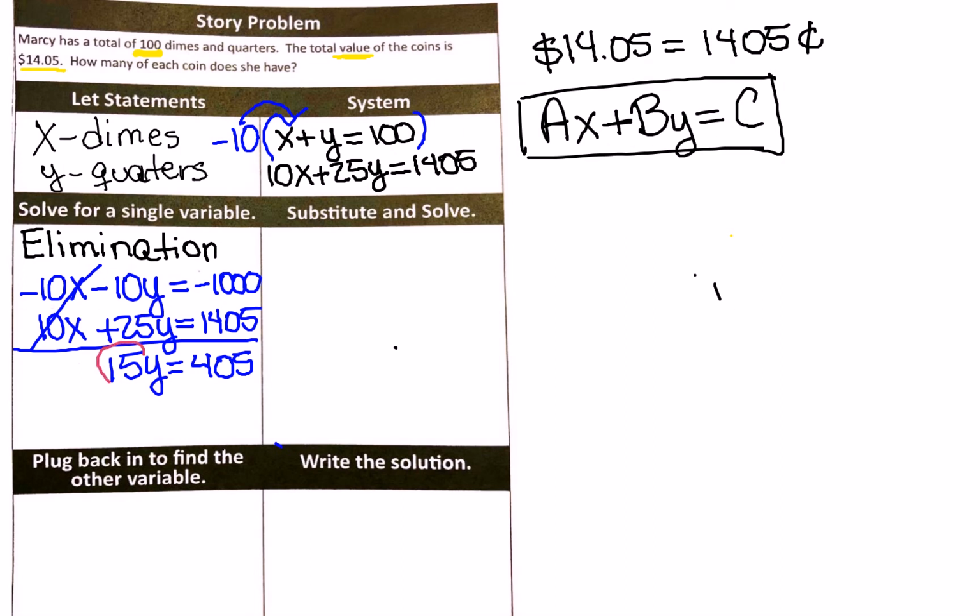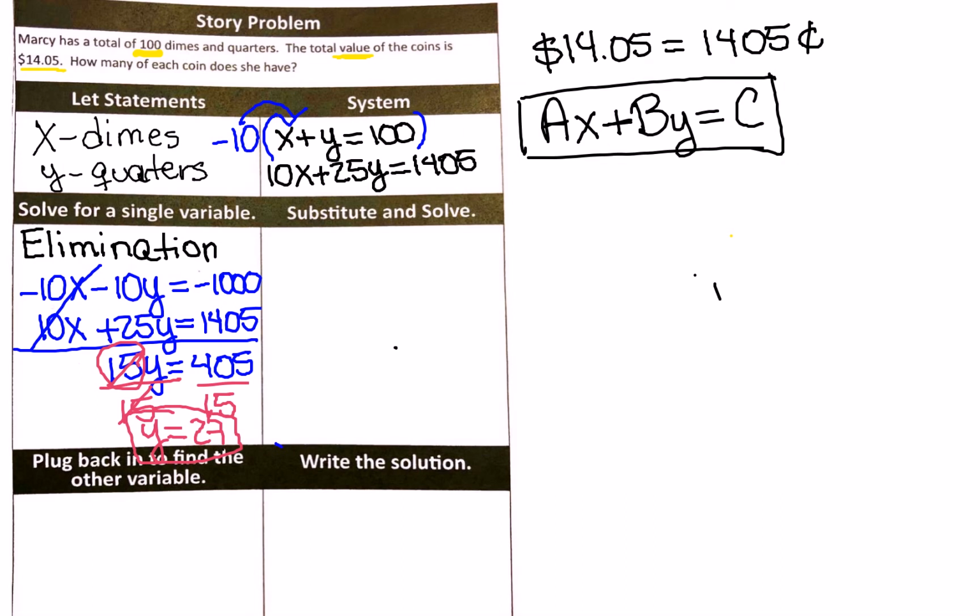To get rid of this 15, I have to divide by 15 on both sides. Those two will simplify, so I have y equals 27. I already have my answer for y.